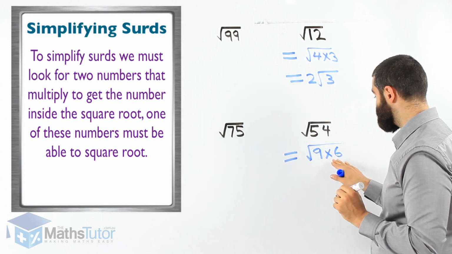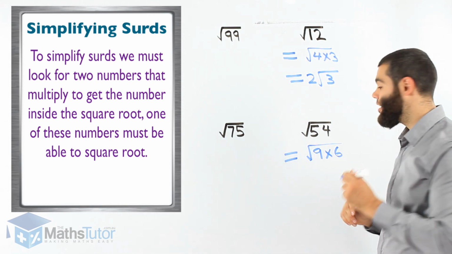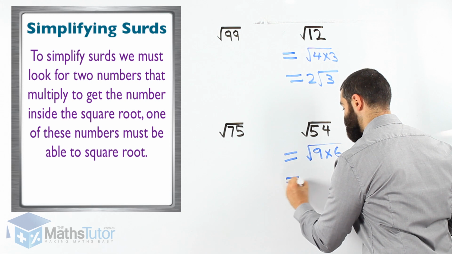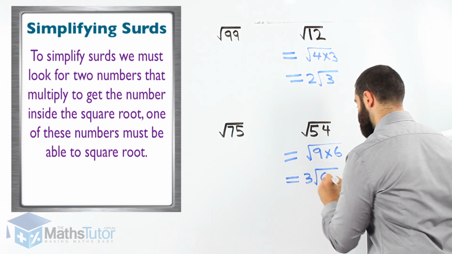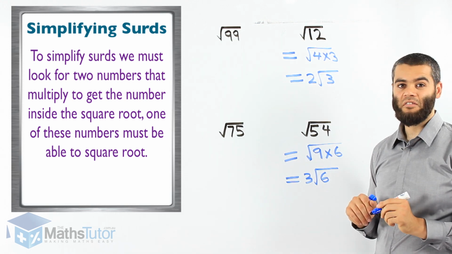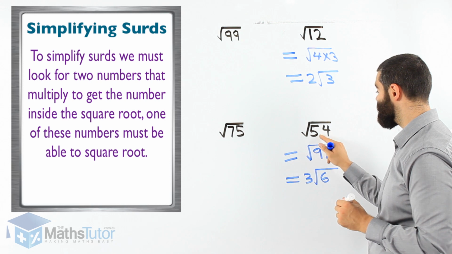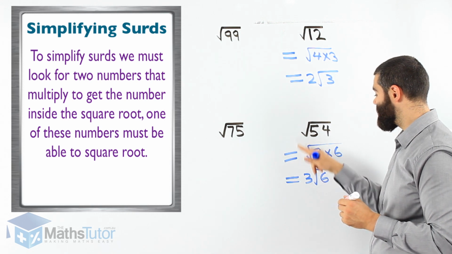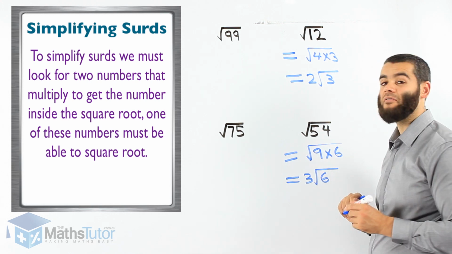Does one of these square root? Yes, the 9. The square root of 9 is 3. 3 root 6, that's our final answer. 9 times 6 makes 54. The 9 comes out as the square root of 9, which is 3. 3 root 6 is our final answer.